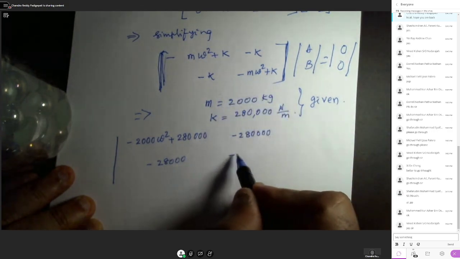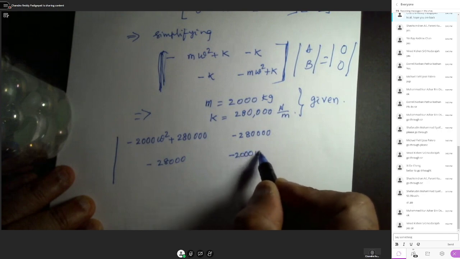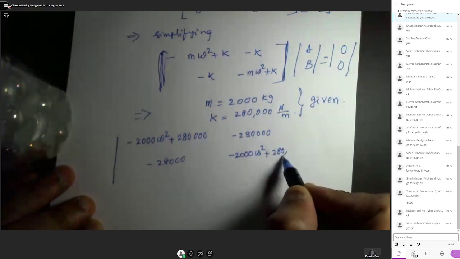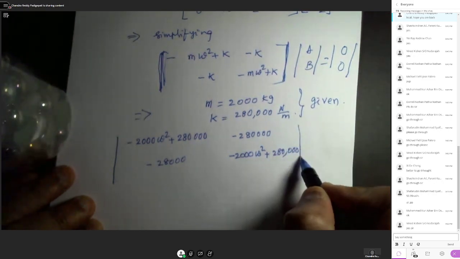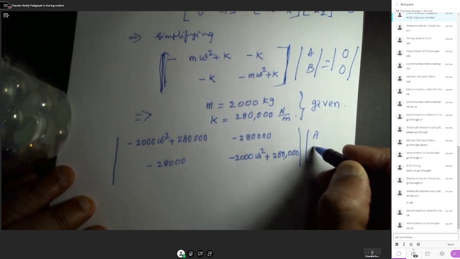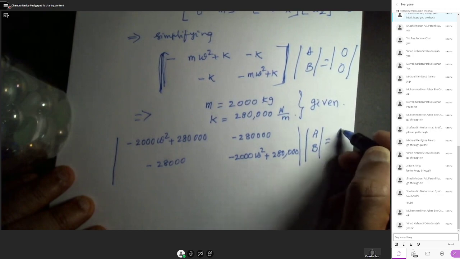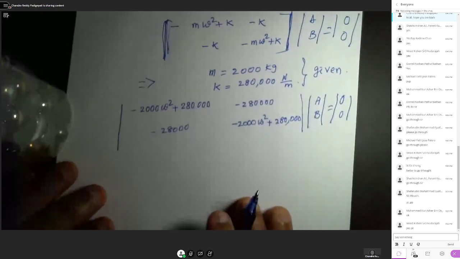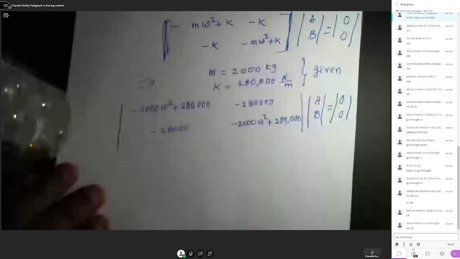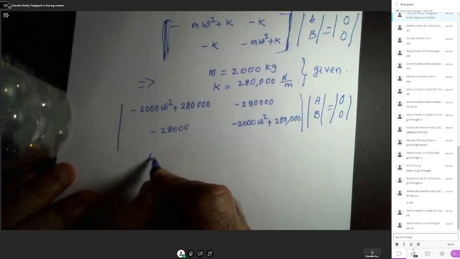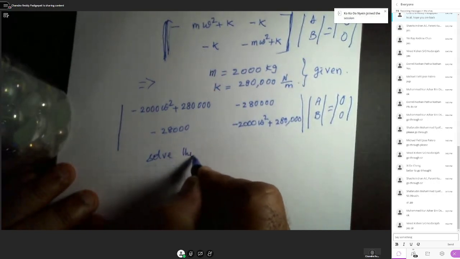So minus m omega square, 2000 omega square, plus. This determinant multiplied by A, B is equal to 0, 0. Solve the determinant.